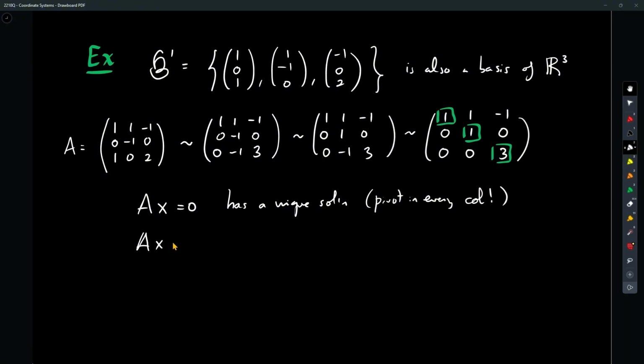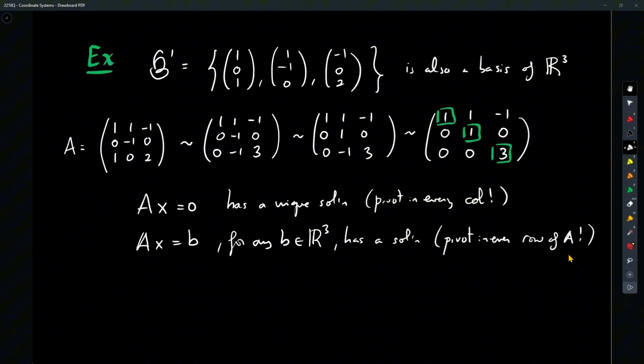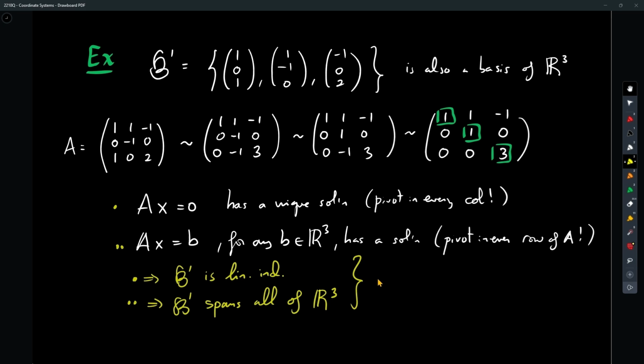And this system AX equals B for any B in R3 also has a solution because there is a pivot in every row of A. Okay, so this first condition implies that the set B prime is linearly independent, while the second condition shows that B prime spans all of R3. So therefore, they are a basis of R3.